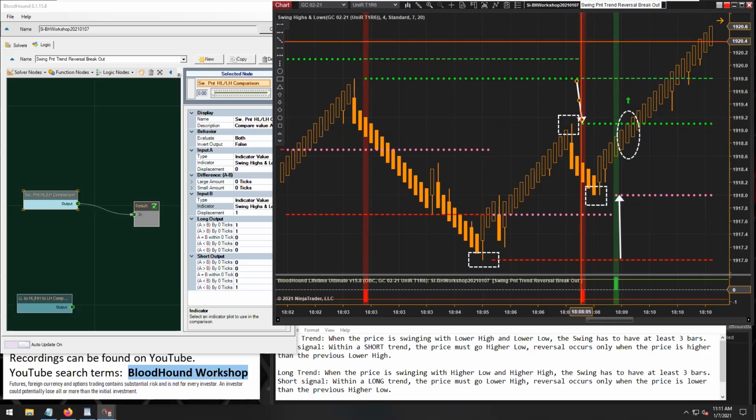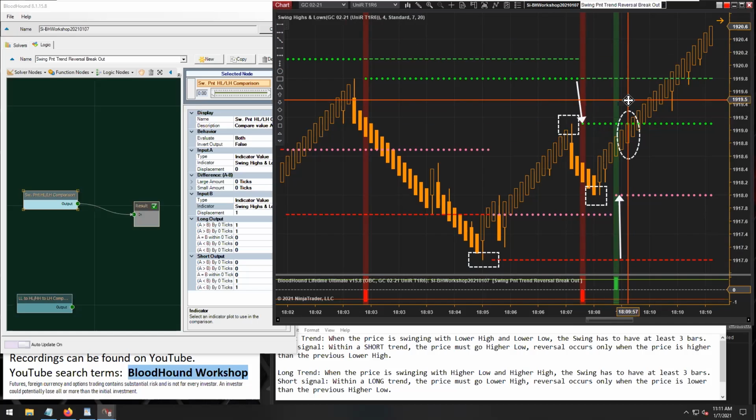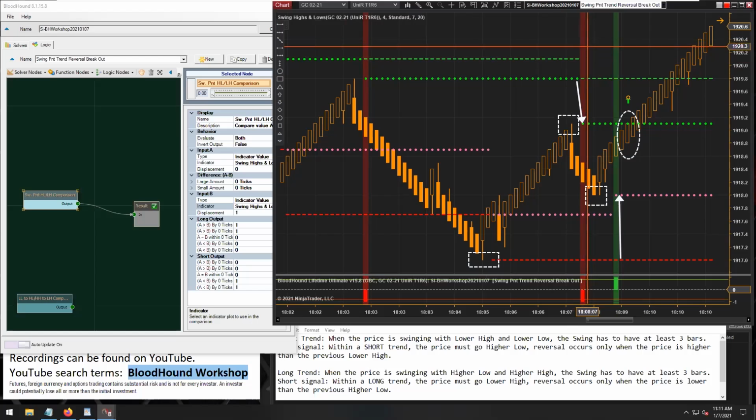Right now, this lower high is giving me a short output. But if we're building a long signal, I need long outputs, right? Only a long output will build a long signal. So I'm considering, how do I want to convert this short signal into a long signal?